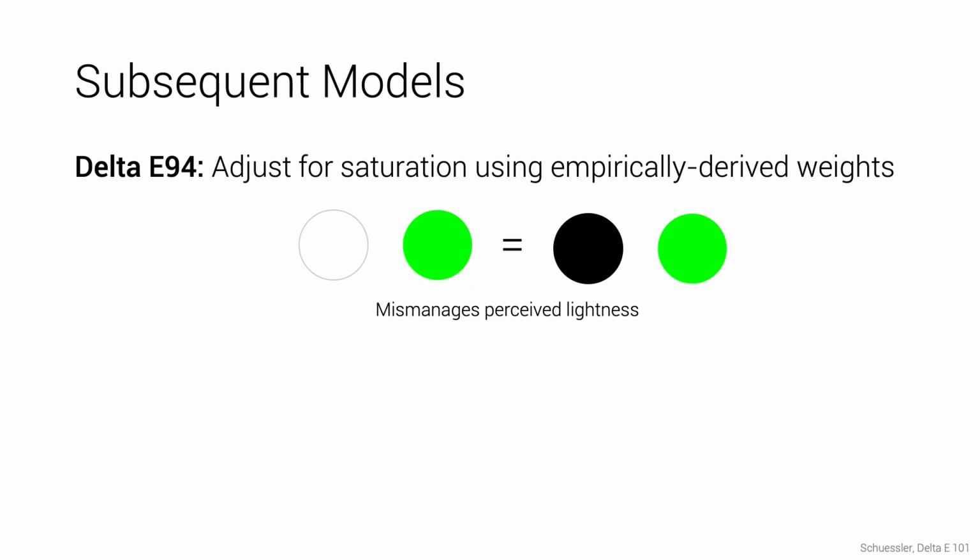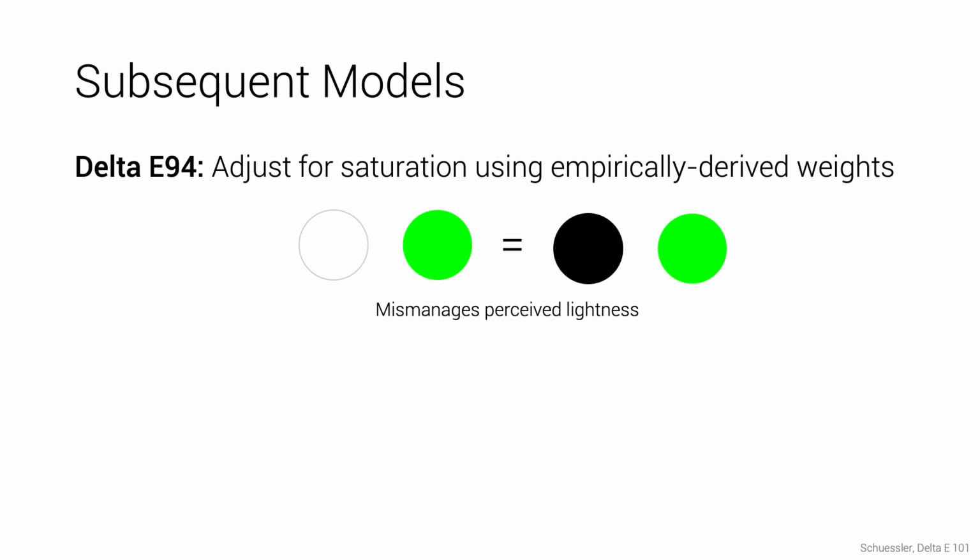So delta E94 gives us a more precise version of perceived color difference. However, it's subject to limitations in that it often mismanages perceived lightness. For example, while the green dot here is closer in perceived lightness to the white dot, in delta E94 it is equally distant to the black dot.